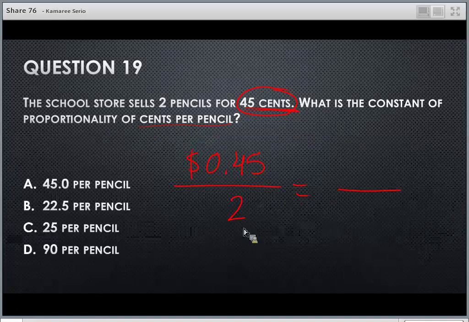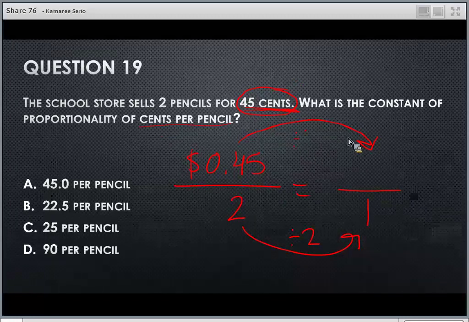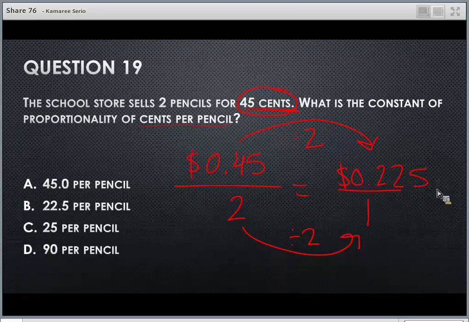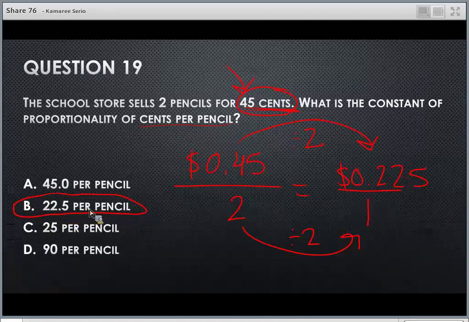So for every one pencil, how much does it cost? I'm going to divide by 2 and divide by 2. When I divide by 2 here, I get 22.5 cents per pencil. Since our question asked it like this, you want to pick this one. It is 22.5 cents per pencil. So remember, money always goes on top.